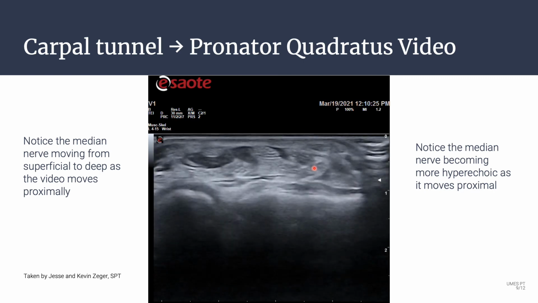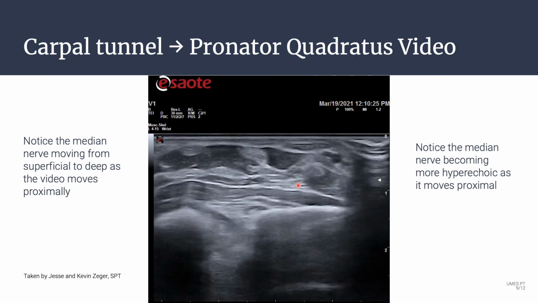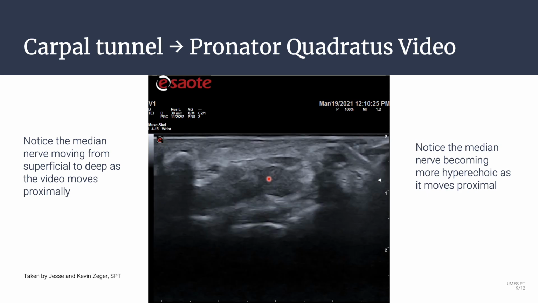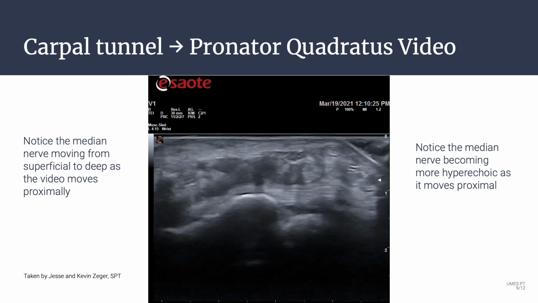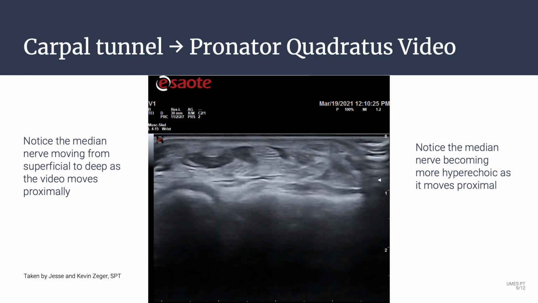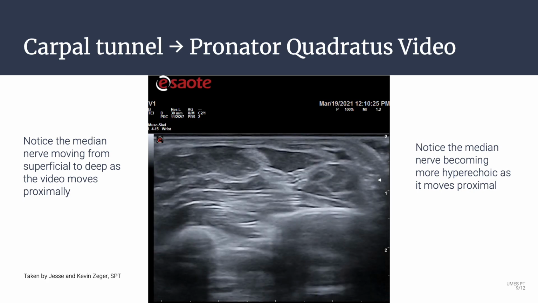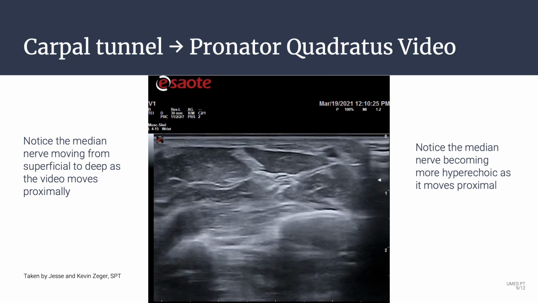So see it moving. It's more hyperechoic. And then there it is at the pronator quadratus. I'm going to play that one more time. It's dipping down, becoming more hyperechoic, and there it is.